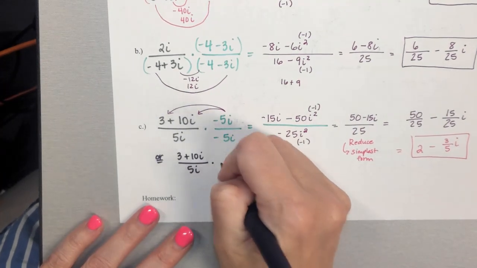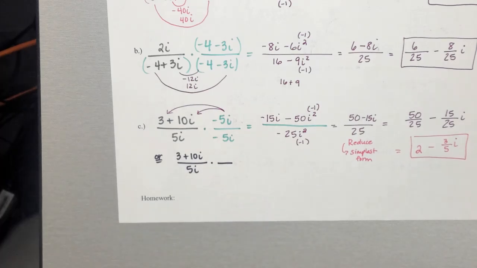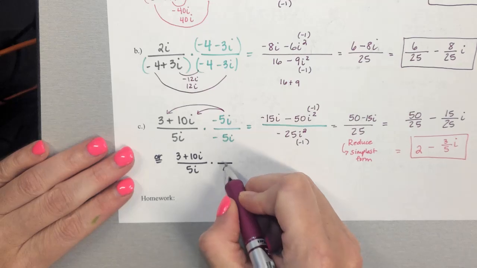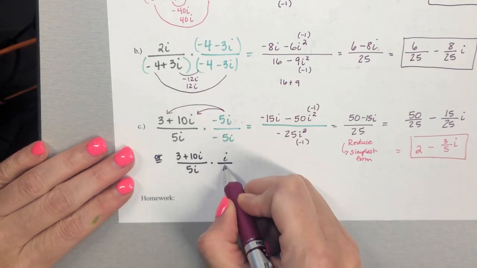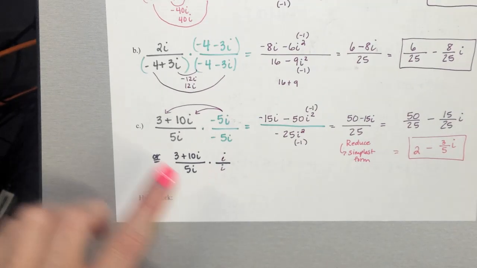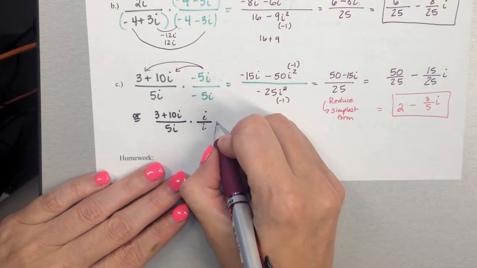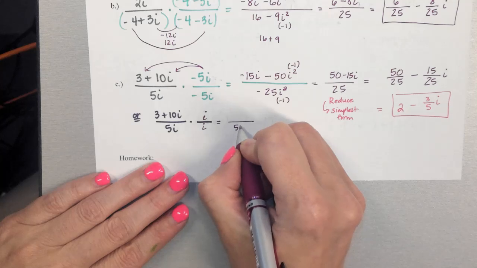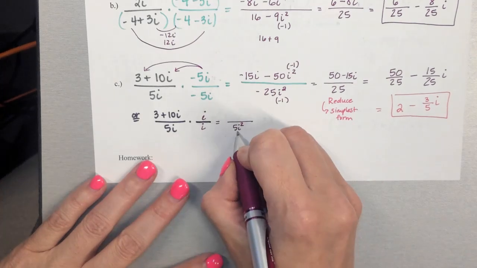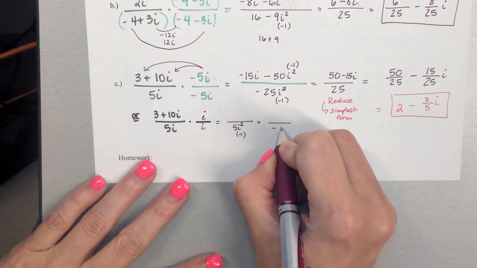So in order to do that, you only need i squared. So if you multiply this by i over i, or negative i over negative i, let's look and see what happens here. This would give me 5i squared on the bottom, which would be negative 5.